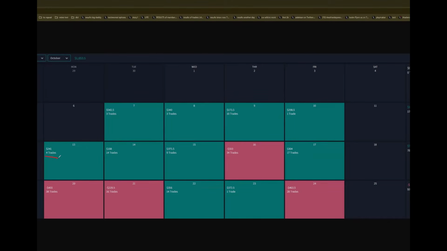Look at the amount of trades when the trader over here has good days: one trade, 17 trades, 9 trades, 14, 4. Bad days: 38, 34, 28. So it seems that when the trader has good days, right away has good days: three trades, one trade, 14 trades. But when the trader has bad days, almost always above 28, 30 trades.